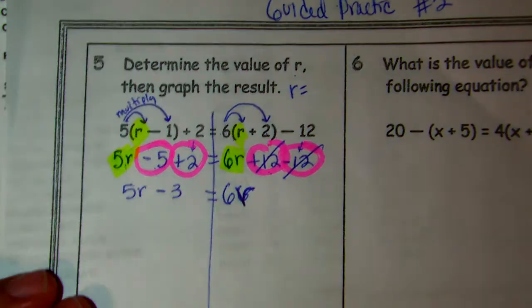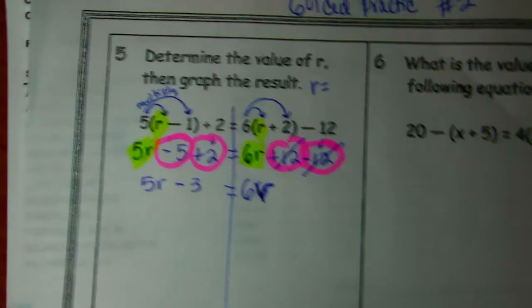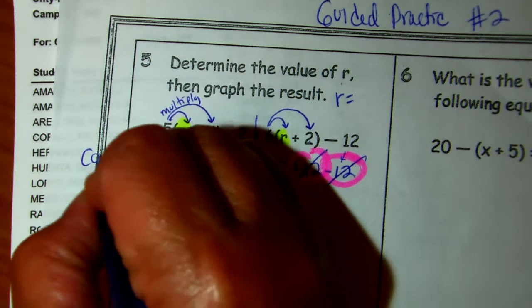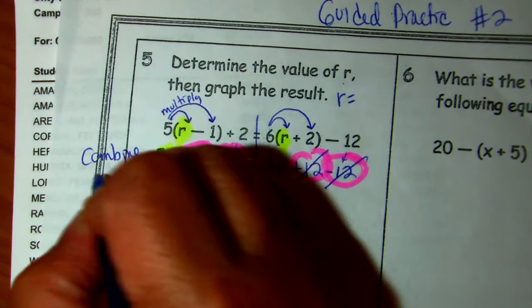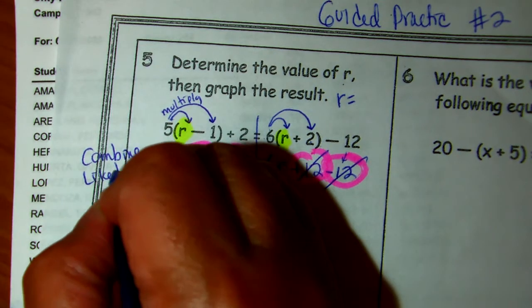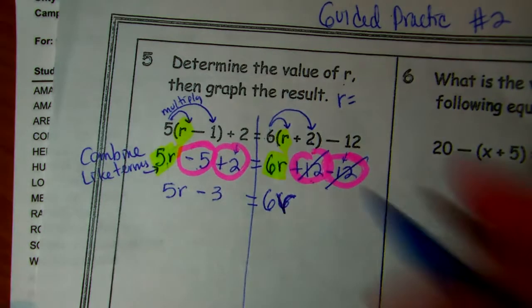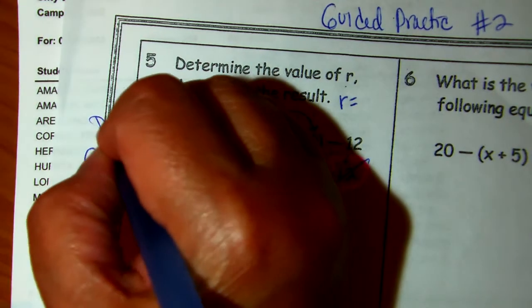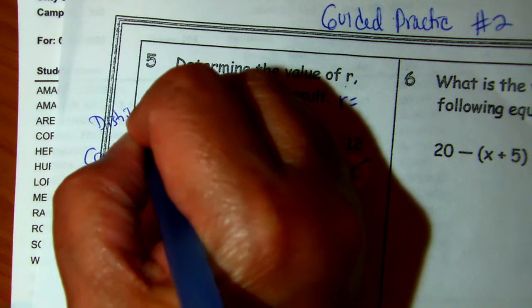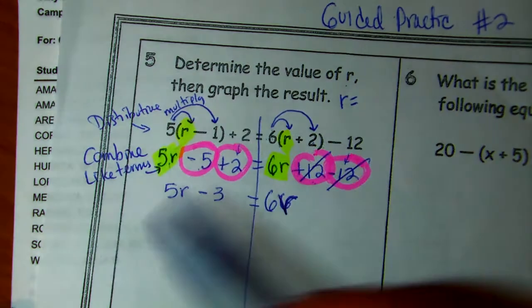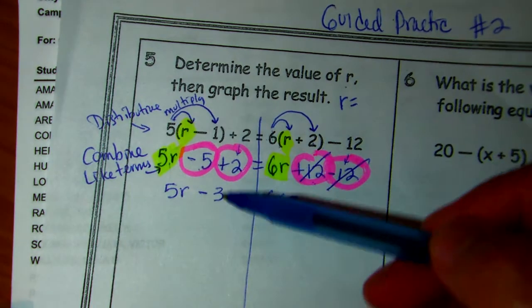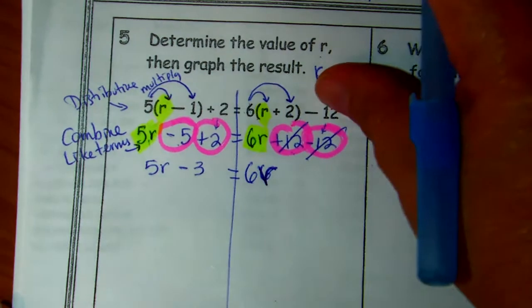Okay, all right, so this was combine like terms. That's what we did right here. Over here we did distributive, because I want you to see how you're going to be using all the steps that we've been using before.